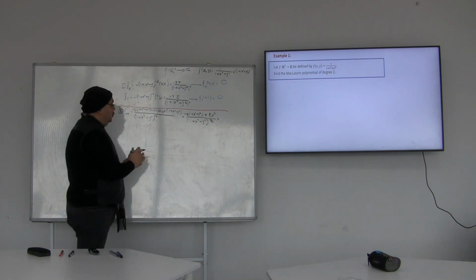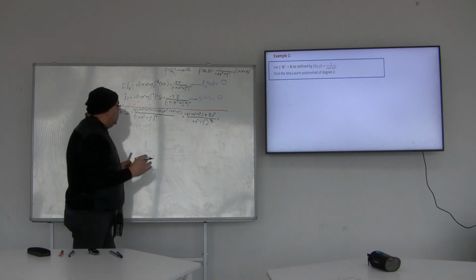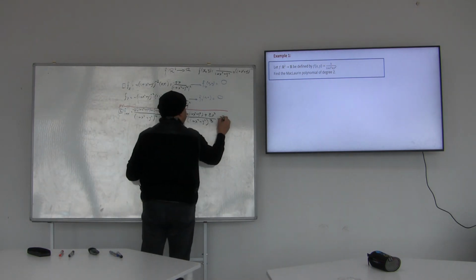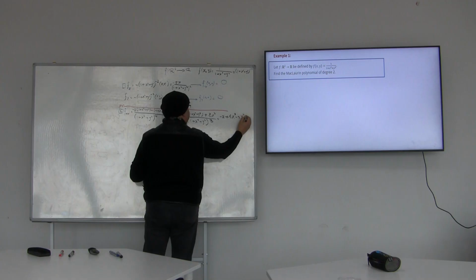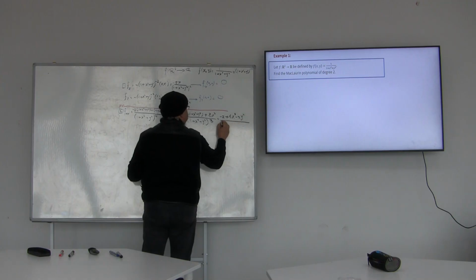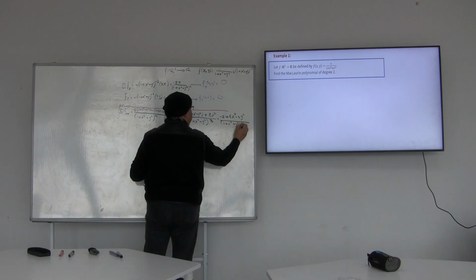So start rearranging and simplifying the stuff. I believe you will have negative 2, then plus 6x² minus 2y², and it is divided by (1 + x² + y²) to the power of 3.